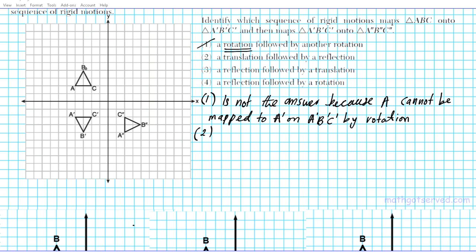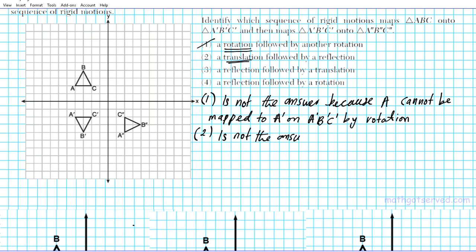There is no way you can go from B to B prime by translation. It's impossible because B prime is at the bottom and B is at the top, and by translation only it's impossible to get those points to line up. So option 2 fails the first rigid motion transformation.